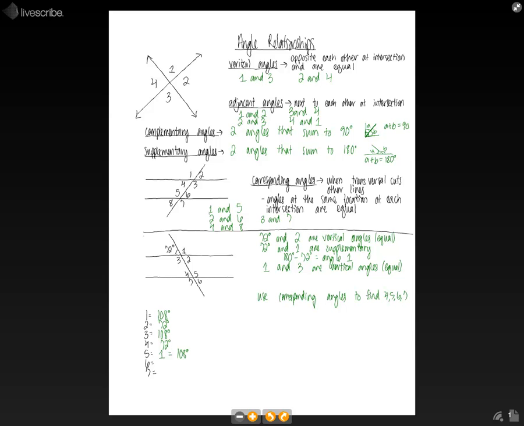And then angle 6 is in the same position as angle 2, and angle 2 is 72 degrees. And finally, angle 7 is the same as angle 3, and angle 3 is 108 degrees. So that is how you would use angle relationships to find all of the given angles with lines and transversals.